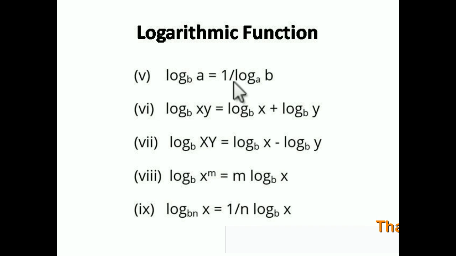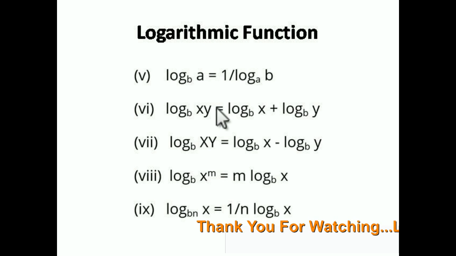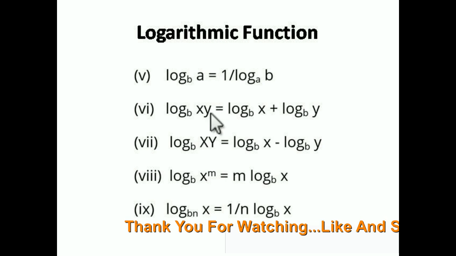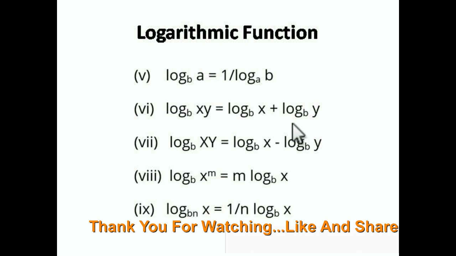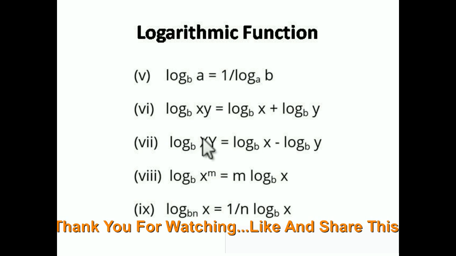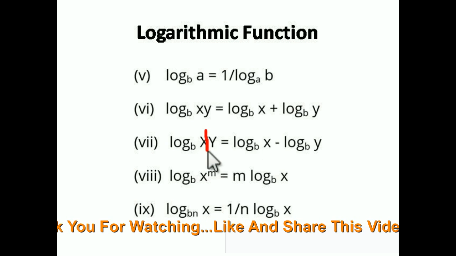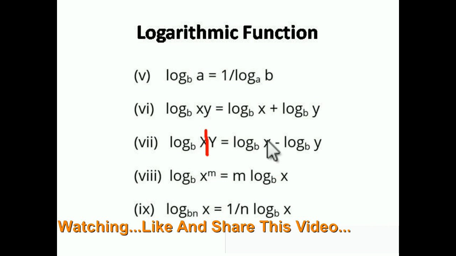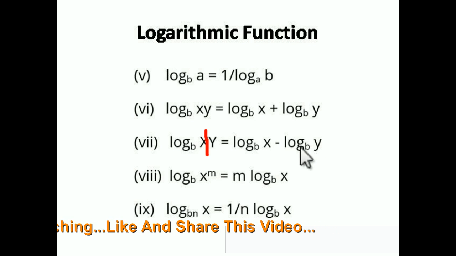The value and the base get swapped. Then the multiplication inside log can be written as summation. Similarly, summation of logs can be written as multiplication, but the condition is the base must be the same, b. Similarly, for division, x upon y with the base b can be written as log x minus log y with the base b. Base must be same.